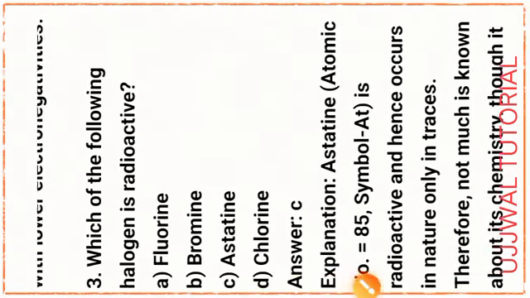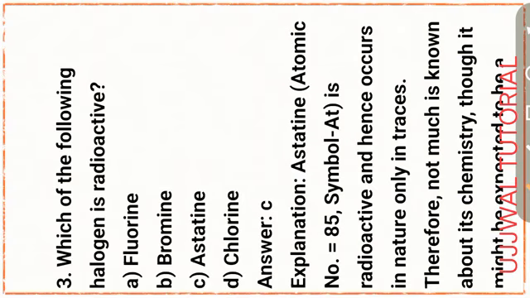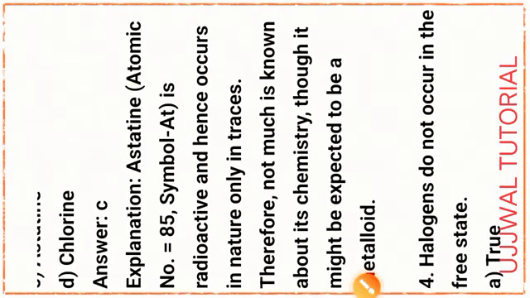Next, question number 3. Which of the following halogens is radioactive? That is option C, astatine. Explanation: astatine, with atomic number 85 and symbol At, is radioactive and hence occurs in nature only in traces.